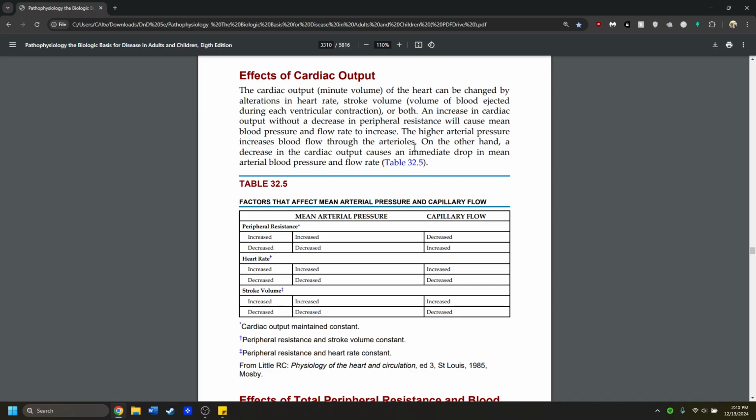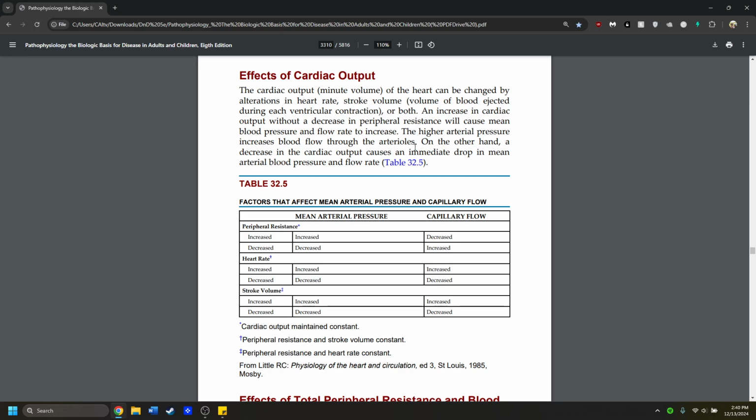If there is an increase in our stroke volume, there is an increase in our mean arterial pressure, which means there is an increase in our capillary flow. Whereas a decreased stroke volume has a decreased MAP, which means a decreased capillary flow. So the only one that is truly flip-flopped in that sense is our peripheral resistance.